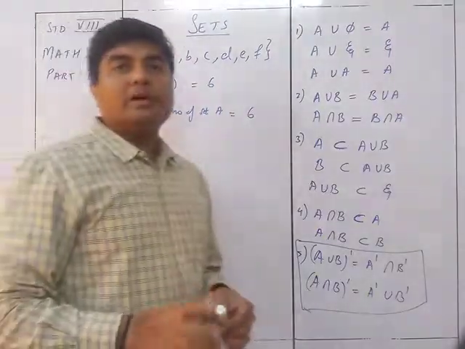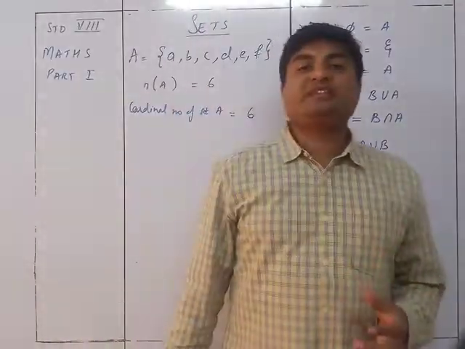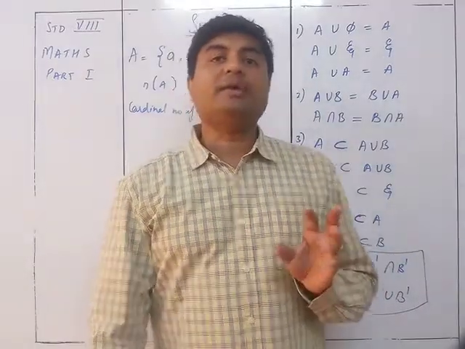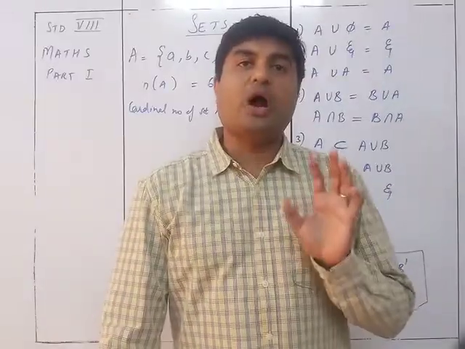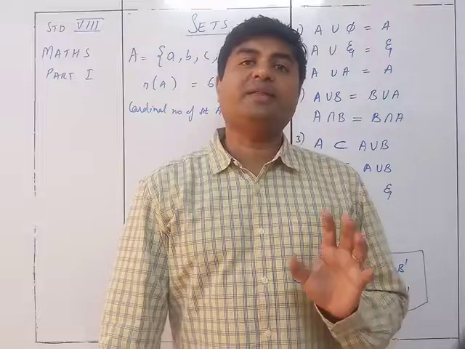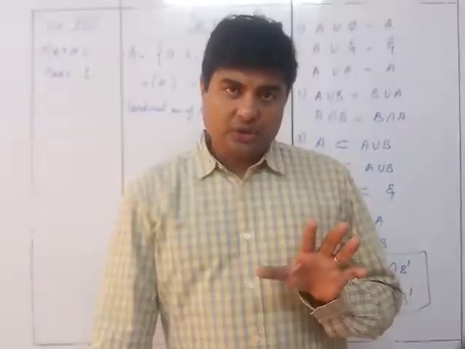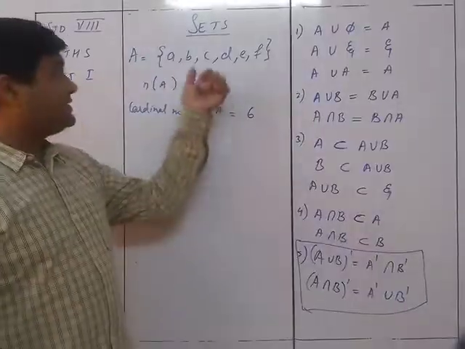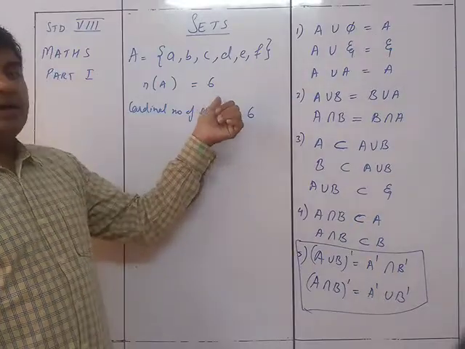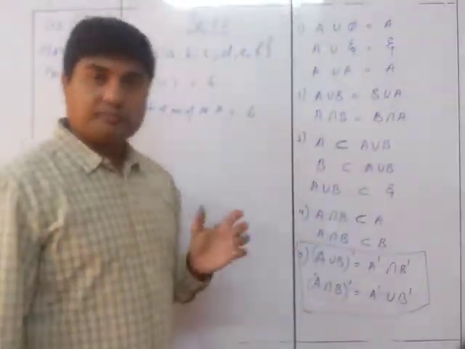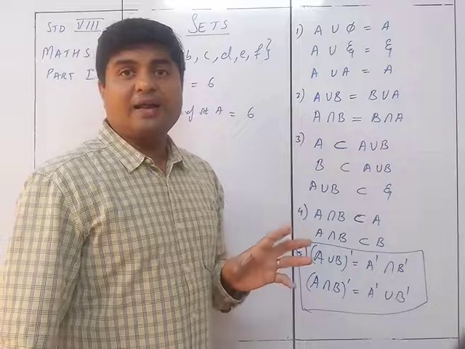So what is the cardinal number? Cardinal number of a set tells you how many elements are present in that particular set. So the number of elements present in the set gives the cardinal number of that particular set. So cardinal number is very important.